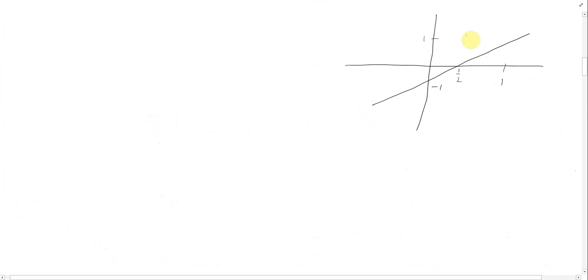I'm going to make this line the line of y equals 2x minus 1, which means that point there is 1, 1. This point here, minus 1, will give me minus 2, minus 1. It's not drawn to scale, obviously, because that's a minus 3 there. Okay, and let's put in some shaded bits.